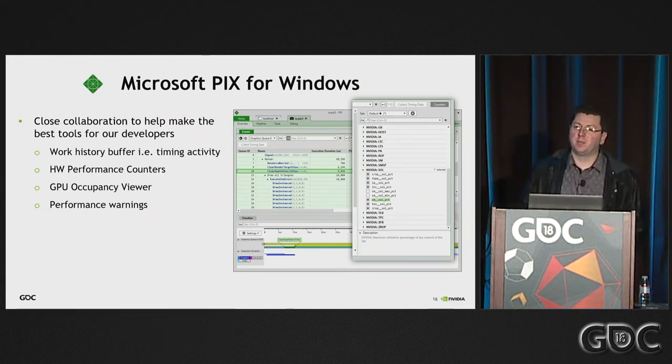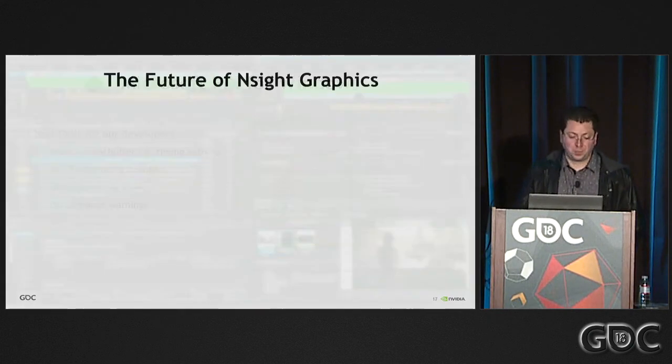Being able to basically just run a capture and see where you can potentially improve your performance by making a few changes is incredibly valuable. Our developer technology team actually helped them, and it was a very close collaboration to get those in. And DXR visualization as well. This is something we've worked with them to expose, so that's something available to them.